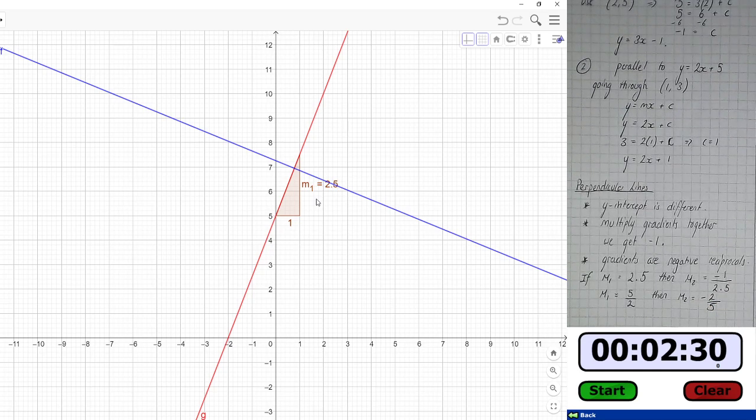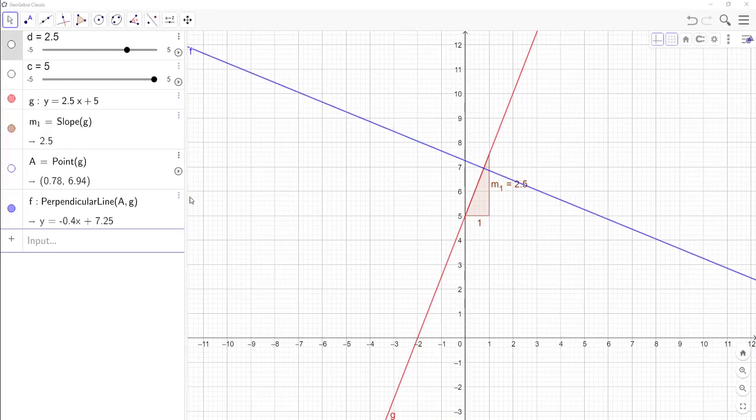So the gradient of the blue line, in this case, should be written either as -1 over 2.5, which is a little bit clunky but will do the job, or -2/5. And if we bring this back into view, the gradient of the blue line, the perpendicular line, is -0.4, which is the same as -2/5. So that shows that this will at least work.